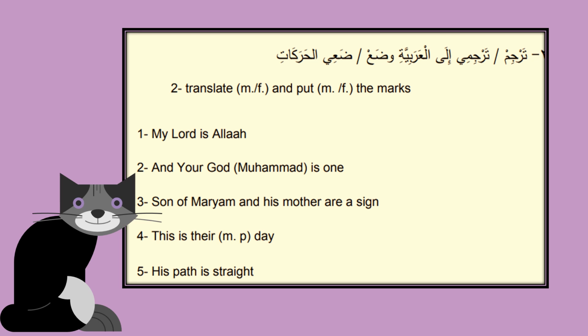So our jumla is a jumla ismiya. So what will be the mubtada? Apply the formula. It will be our mubtada, and after is will be our khabar. So let's see what our answer will be. Our answer will be Rabbi. So it's Rabbi, my Lord.